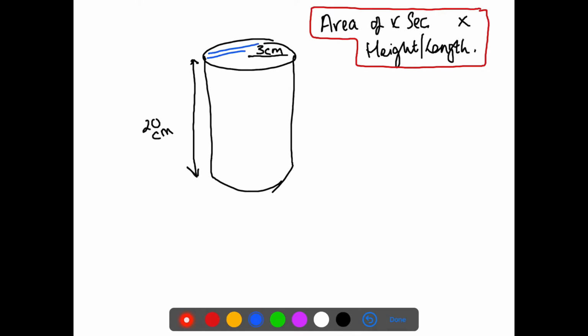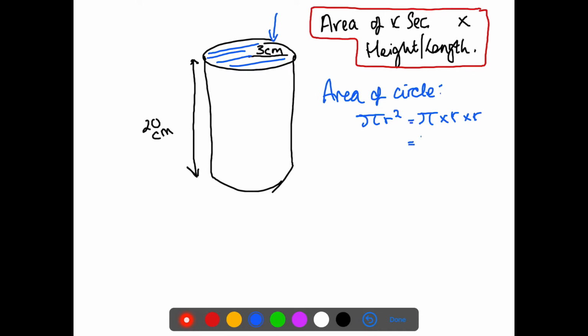So, what we need to do first is find the area of this circle. Now, to find the area of a circle, we need to use the formula pi r squared. Pi r squared means that we're going to take this number pi and we're going to times it by the radius, and then we're going to times it by the radius again.